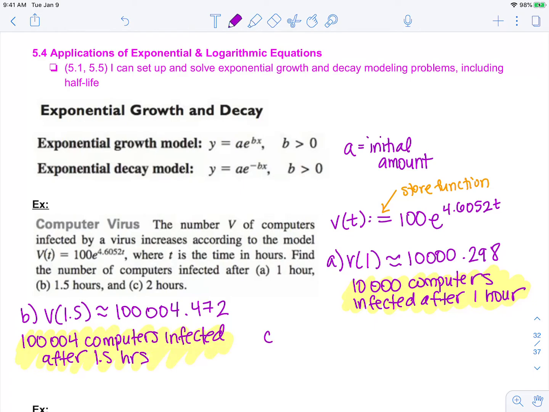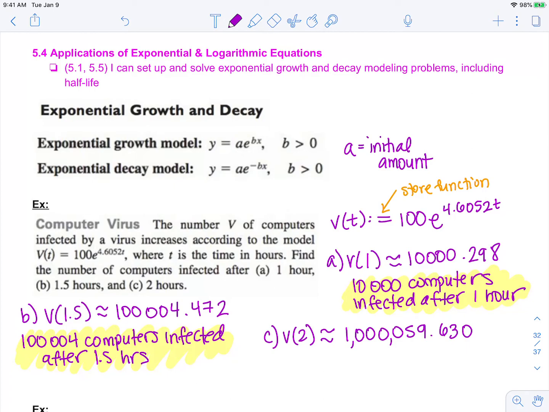And then in part C, they want to see how many computers are infected after 2 hours. So I just plug in V of 2 in my calculator. And that is, what is that going to be? 1 million. Let me make sure I have the right number of zeros. Yeah, 1,059 computers, 0.630.